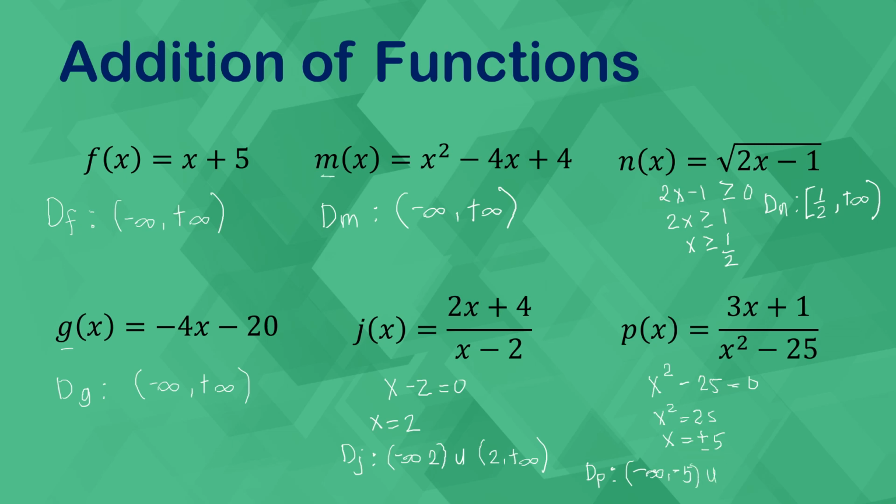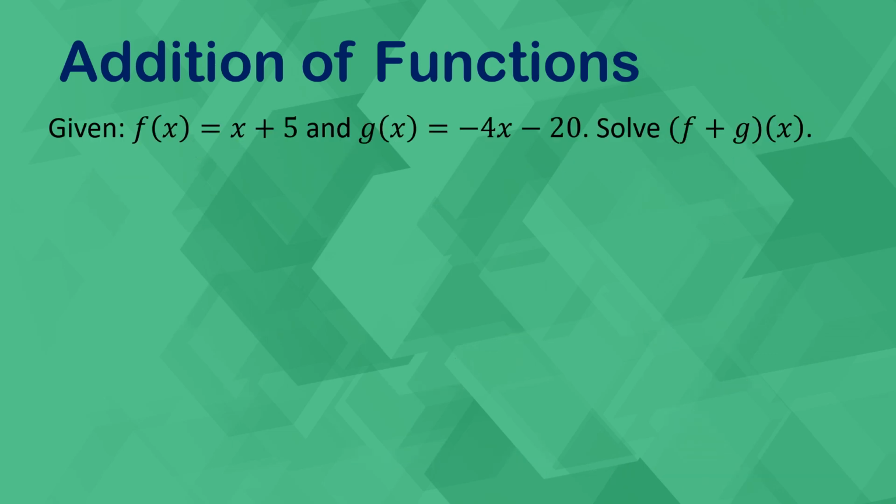Union negative 5 until 5. Union all set of real numbers greater than positive 5. Okay, so which means to say that we will exclude negative 5 and positive 5 as the value of x on the denominator of p of x.